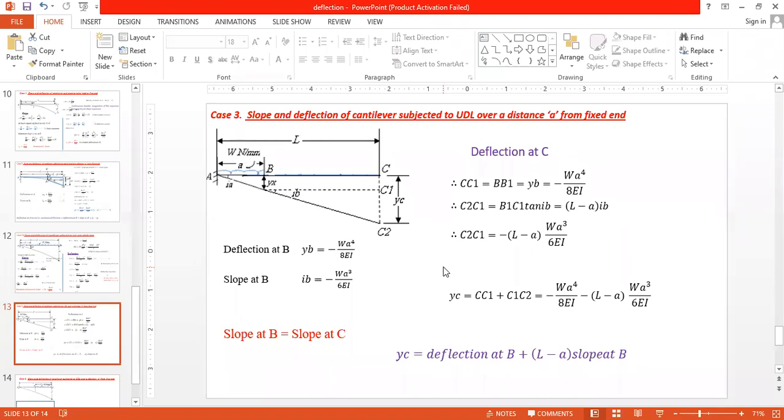This is a cantilever, and it is subjected to uniform distributed load, and that distributed load is only for a length a from the fixed support. Same as the point load, we are treating this one. See here, if you consider the deflection of this, you will get a curve up to here only, and after that it is a straight line.